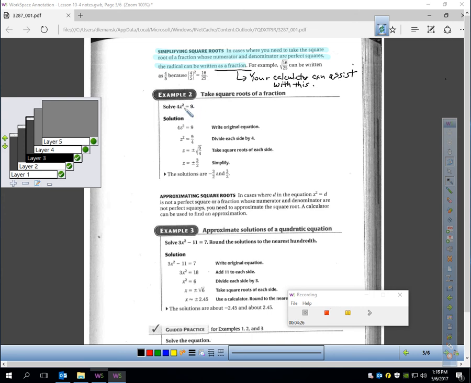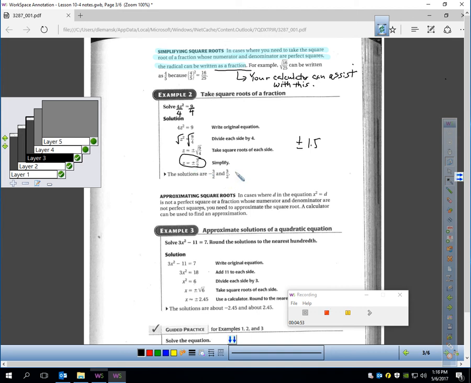I got to get z squared isolated, so I divide each side by 4, which gives me 9/4, and I got to square root each side. And if you take the square root of 9/4 in your calculator, it's going to give you plus or minus 1.5. But if you go ahead and hit the math key, fraction, it could make it into the fractional amount 3/2, plus or minus 3/2.